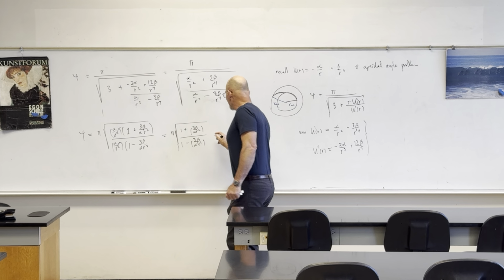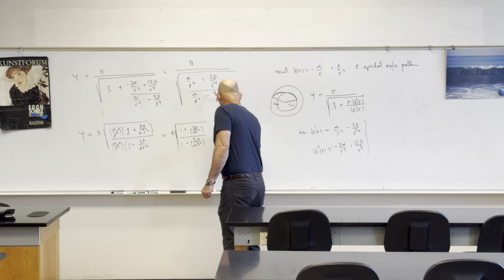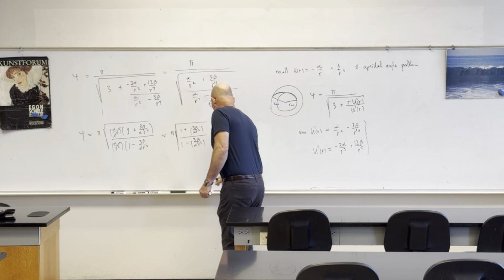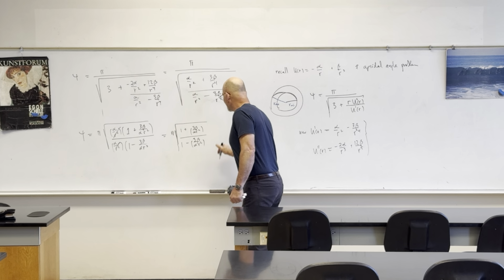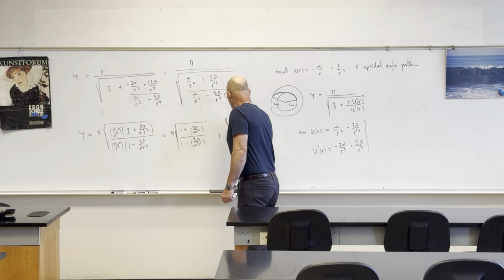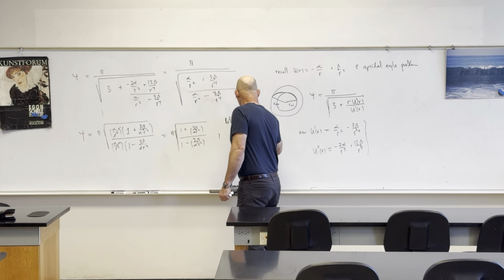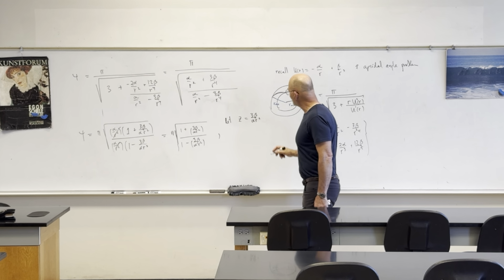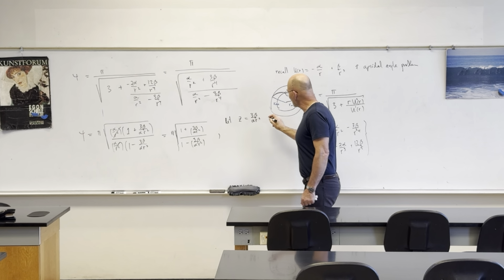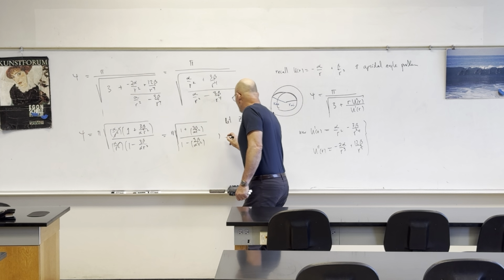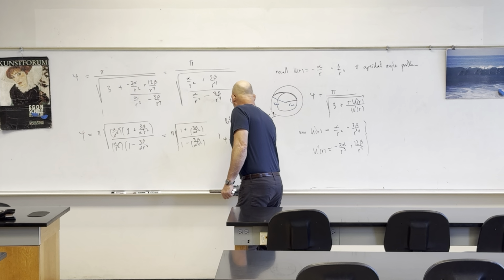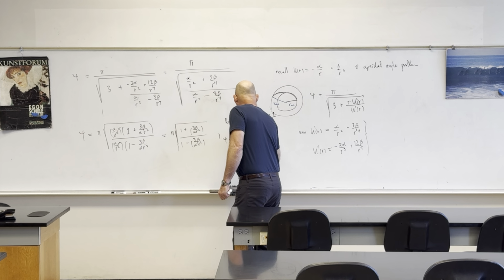The way we'll do that is this: to keep things simple, let C equal 3 beta over alpha r squared, because that's small, and let that be much less than 1. That's a small quantity. And then we have C equals pi root of 1 plus Z over 1 minus Z.